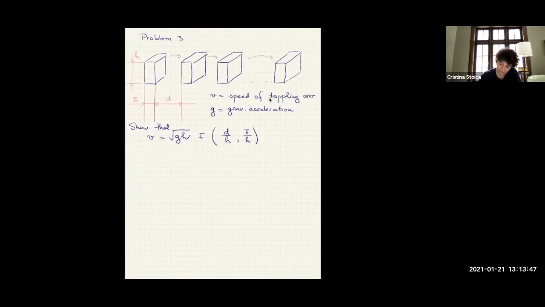Okay, so what do we have to do? We're going to assume, so solution if you want, there is a homogeneous law that combines everything together.